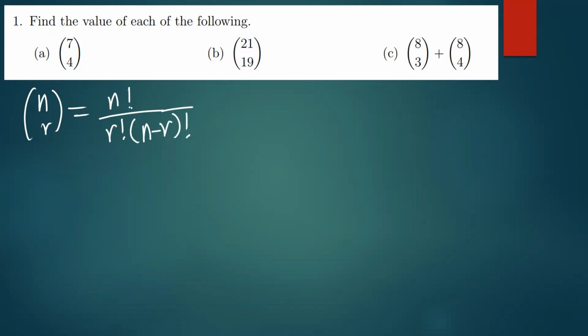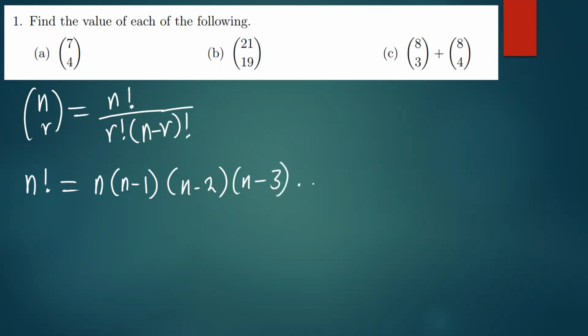What does the factorial symbol mean? If they say n factorial, it simply means we're going to have n as our first value, then in the second value we have n minus 1, the third one will be n minus 2, the fourth one n minus 3, and it goes on like that.